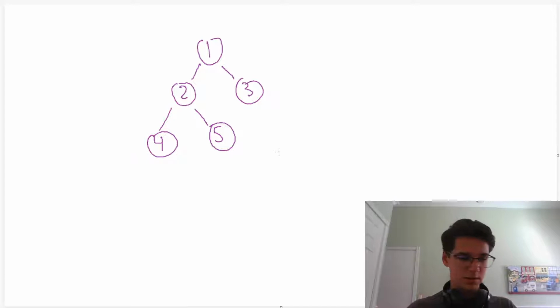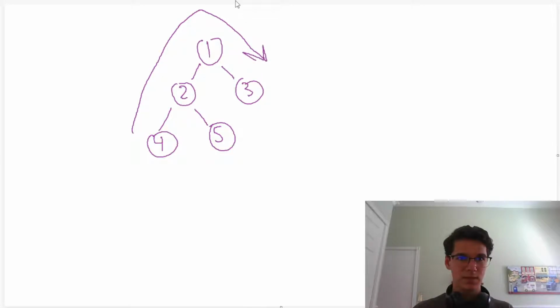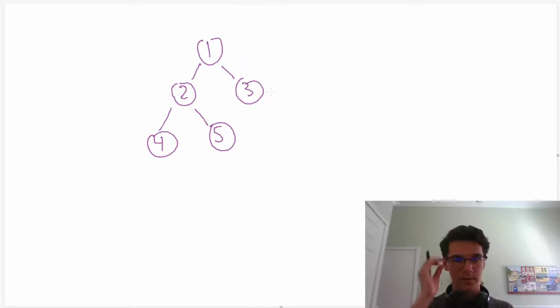Basically, the solution that I came up with originally was to get the height of the root. You want to get the height of the left side and the height of the right side, because that's kind of like one path right there. And we would add those up.